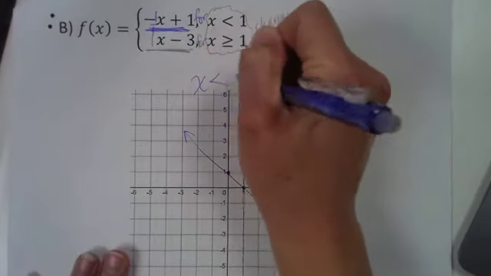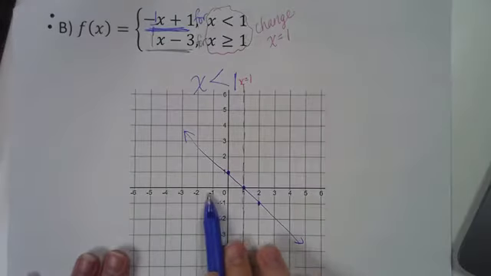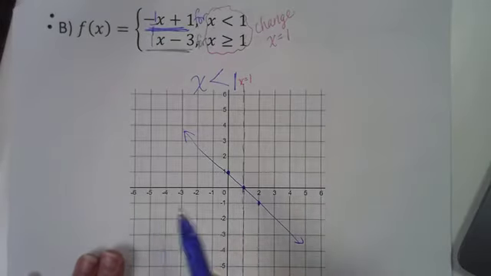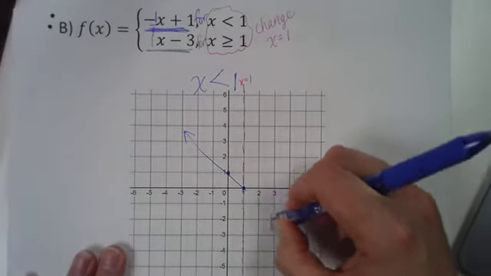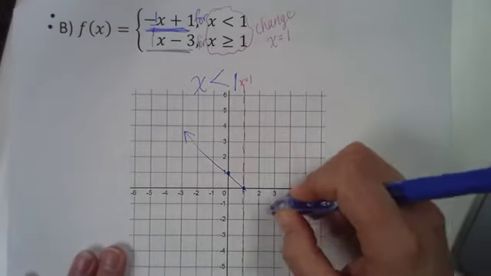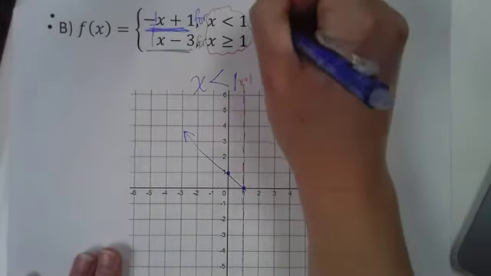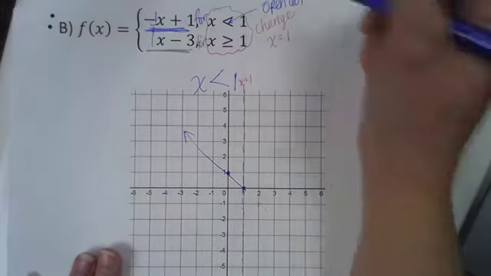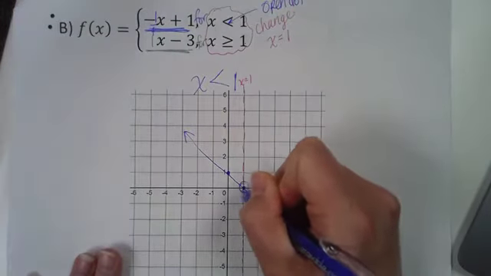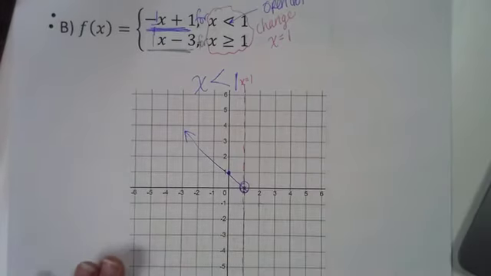X values less than 1 is everything to the left of 1. So that's the side that we want. And I didn't need this side to the right of my change line. What about, it is an open circle, very good. Right here we need an open dot at 1. So I'm just going to circle that with a big open dot there on that change line.